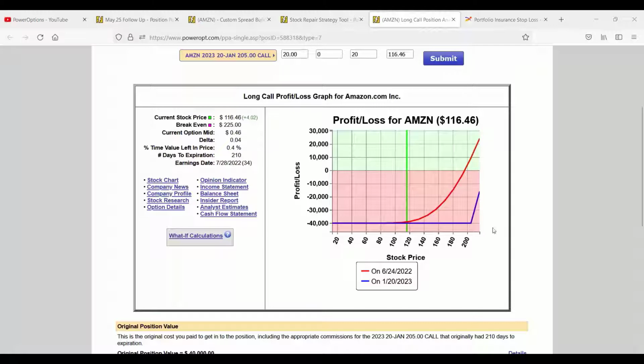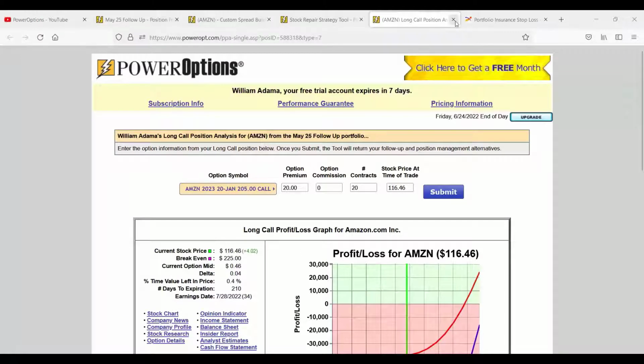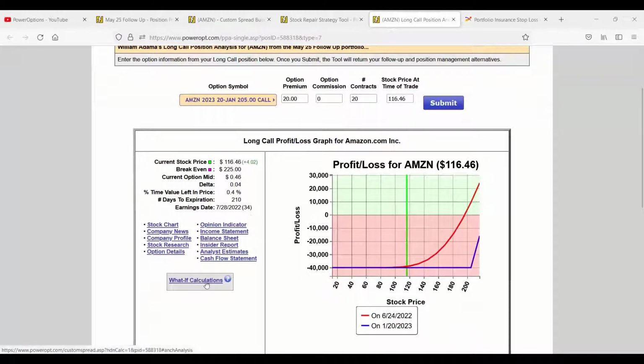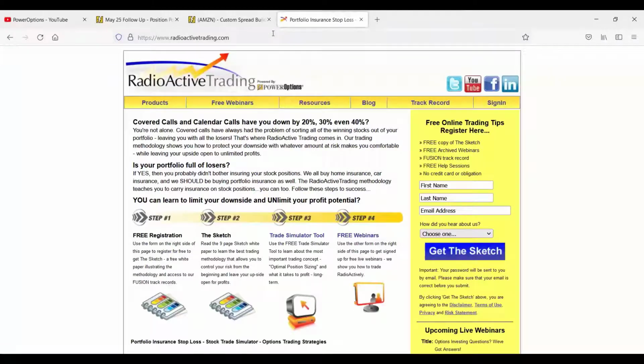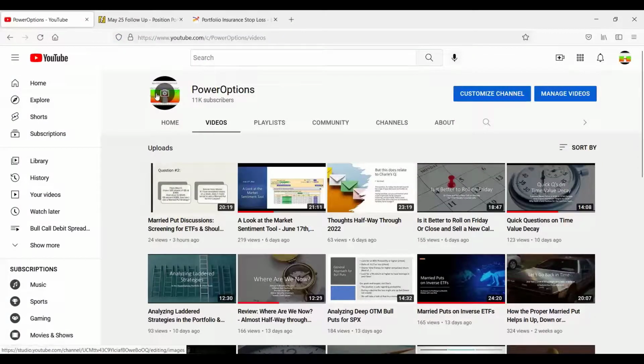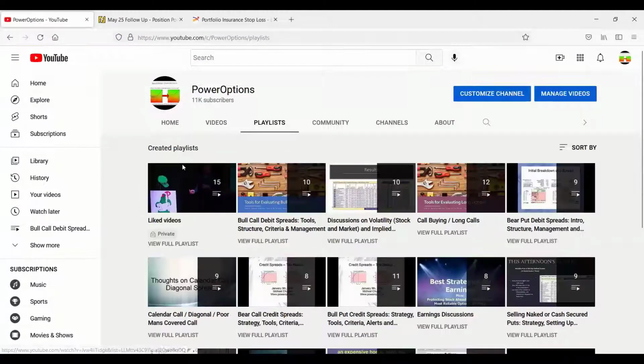Fantastic. Okay, so that is that. And Victor, that is how we use the tools. If we don't see any rollout opportunities for our long call positions in the position analysis, we'll link to that profit and loss chart, what if calculations, and run manual adjustments on this position. And again, of course, as I mentioned, there's some ideas in the help sections of Power Options on the management.